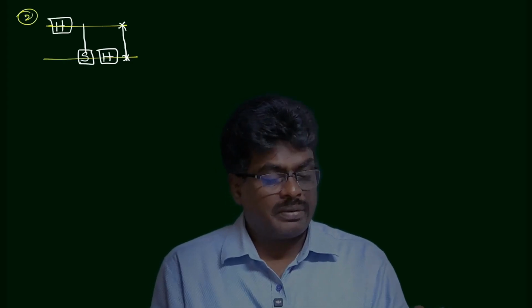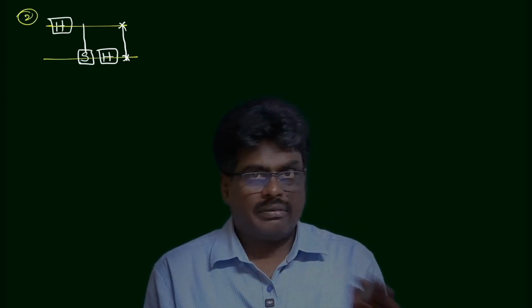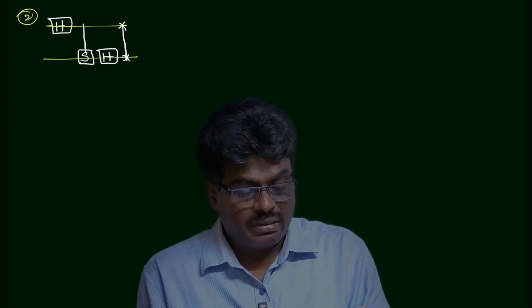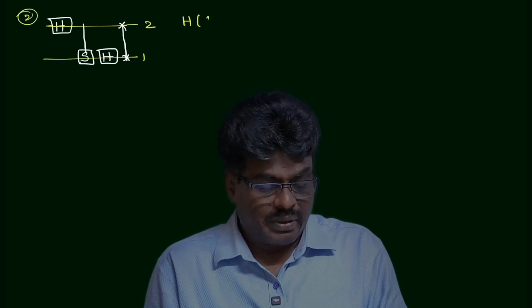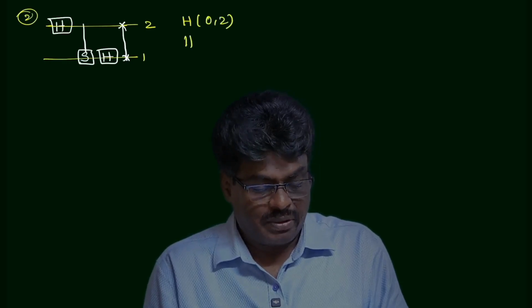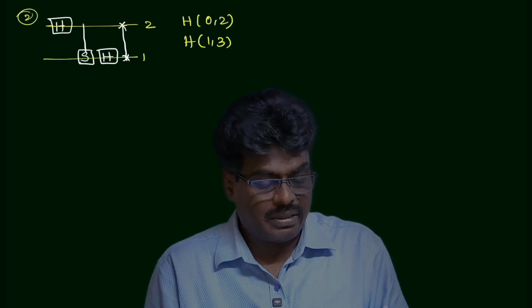Let us do this. Okay, so no need to get tension, top to bottom and left to right. So first give the decimal notation. This is 1 and 2, and here we have Hadamard on 2, that's why 0 comma 2. Next we have to add the remaining, that is 1 comma 3.